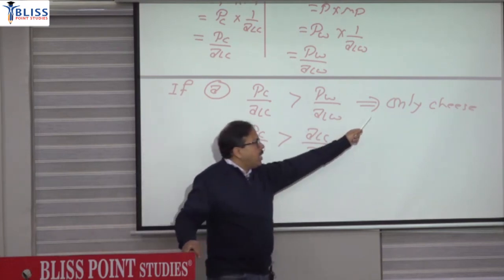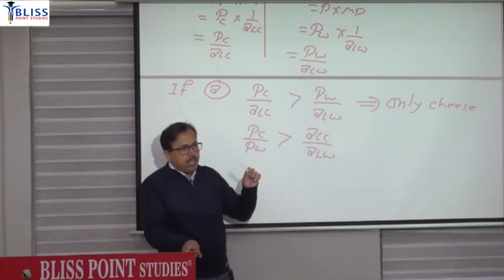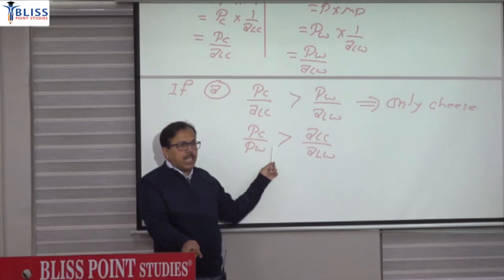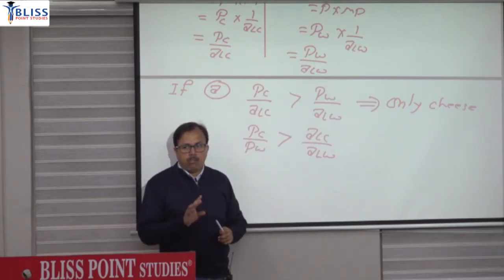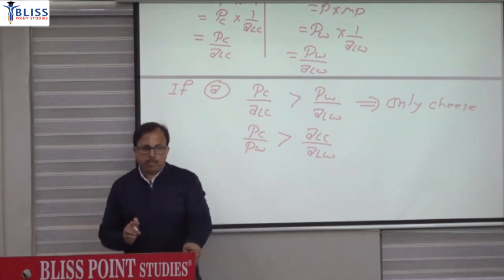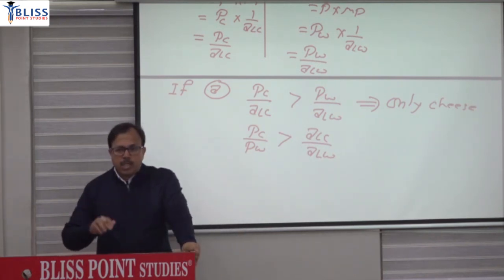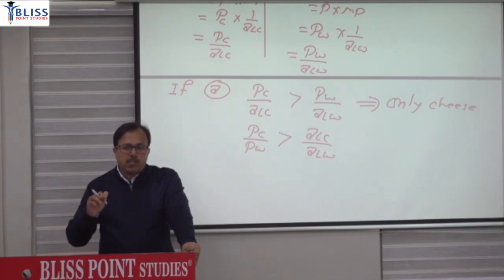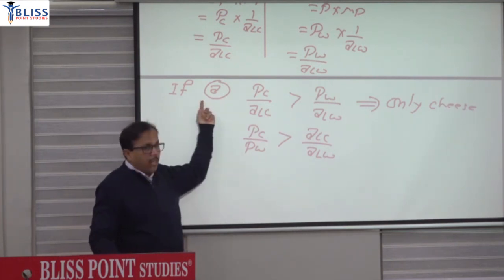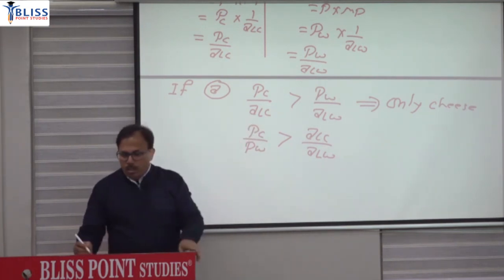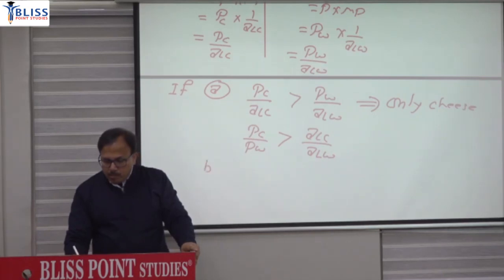So country will produce only cheese in which condition? When the relative price of cheese is greater than the opportunity cost of producing cheese. That will be the first principle of the Ricardian model. Country will specialize only in cheese if relative price of cheese is greater than opportunity cost of producing cheese. But I have written this condition. Now what could be the alternate?